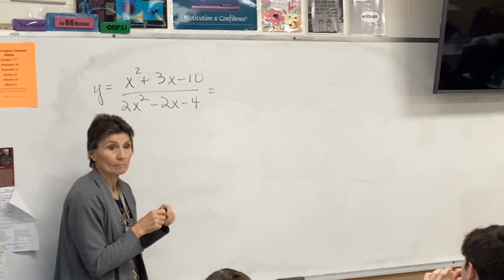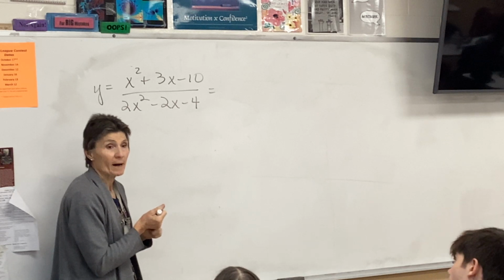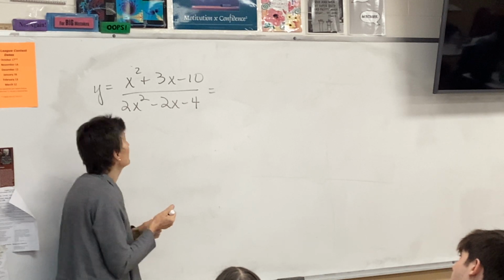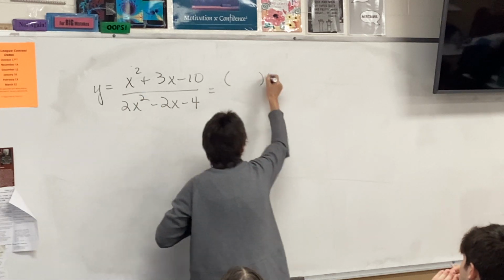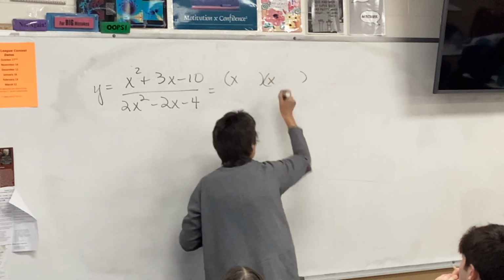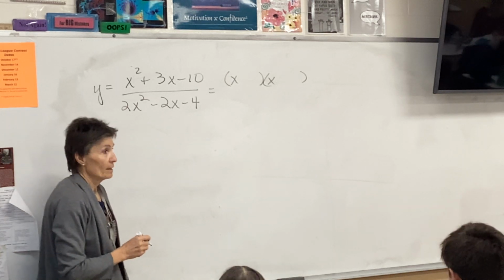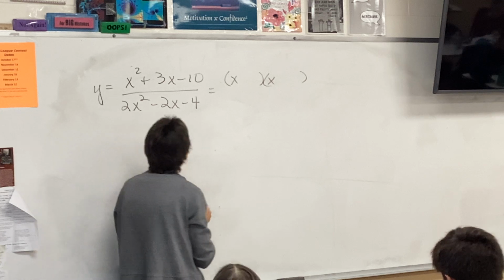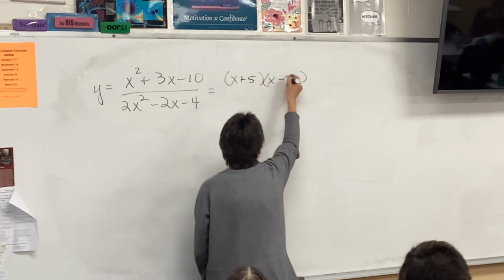Do 2x in one and then x in another one. On the top, that's a plain x squared, so I'm just gonna have x and x, because x times x is x squared. Would be x plus 3 and x minus 2. I mean, x plus 5 and x minus 2. That sounds like a good guess.